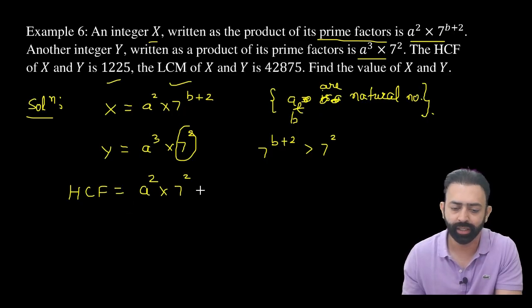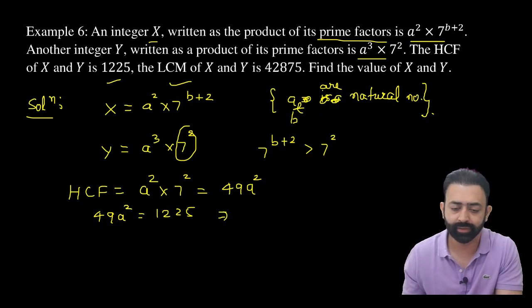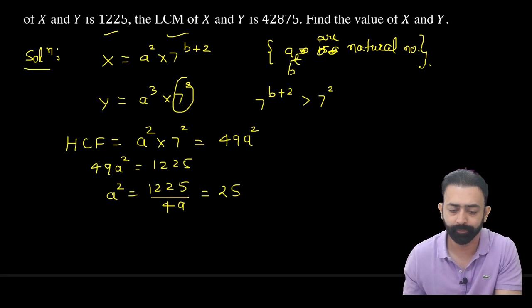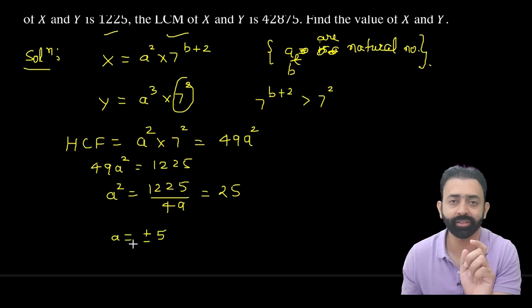So we have here HCF as 49a square, and now this value of HCF is given as 1225. On simplifying this, a square is 1225 over 49. I will get a square value as 25. Okay, and a is not just plus 5. Please be very conscious here that it is rather plus minus 5.